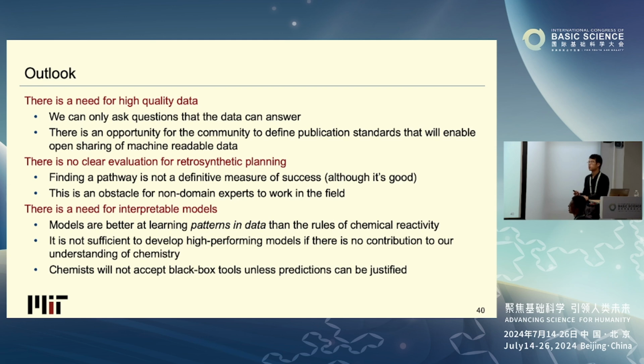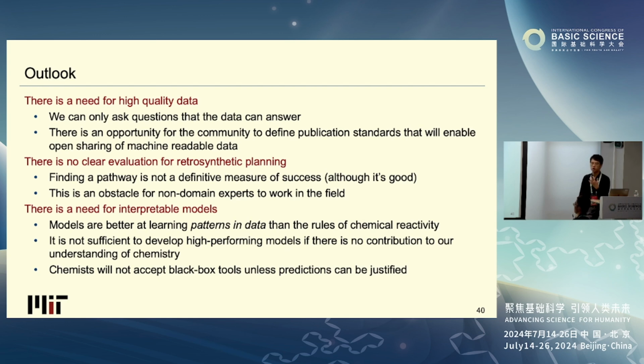As we accumulate more experience and success in these areas, we probably need a better idea of how to define what is a better multi-step retrosynthetic pathway. Model interpretability is another thing.